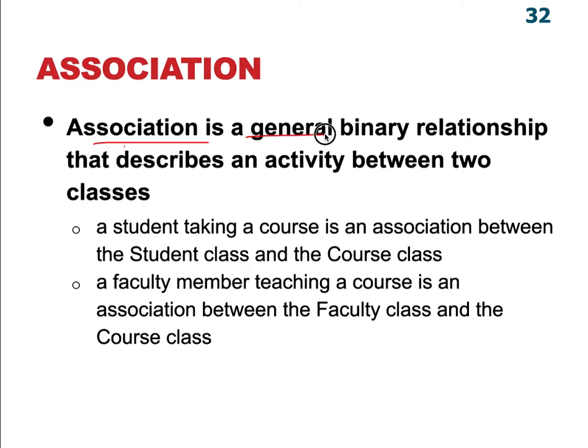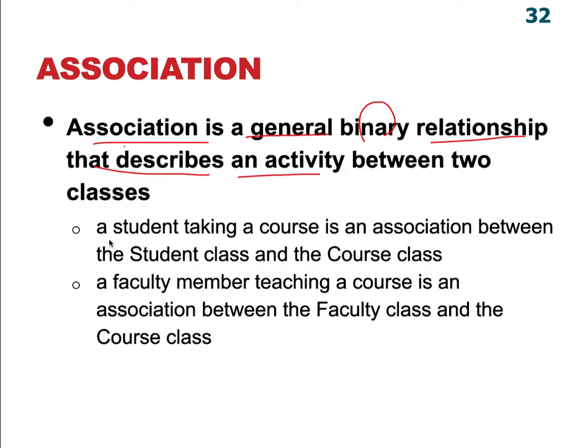Association is a general binary relationship. Binary means between two classes. It describes an activity between two classes. But if this activity is inheritance, aggregation, composition, or dependency, we call it by that relationship name. Other than that, we say association.